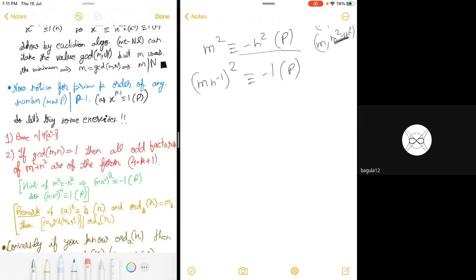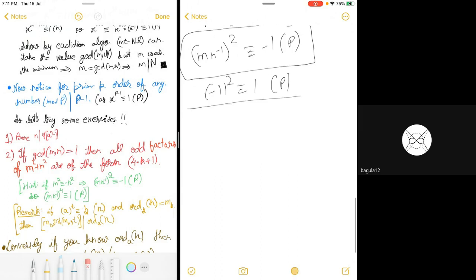Now, we know that (m n inverse) whole square is minus 1 modulo p, and we also know that the order of minus 1 is basically 2. That is because minus 1 square is congruent to 1 modulo p, obviously. So from here we can say that (m n inverse) to the 4 is congruent to 1 modulo p, and there is no smaller factor of 4 for which it is congruent to 1 modulo p.